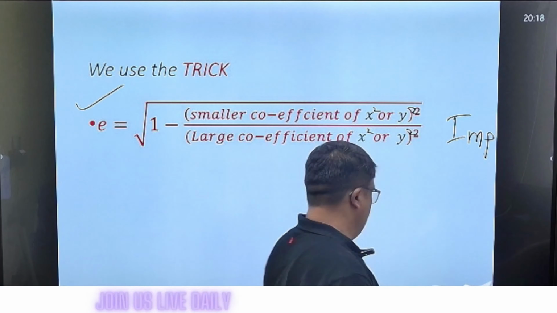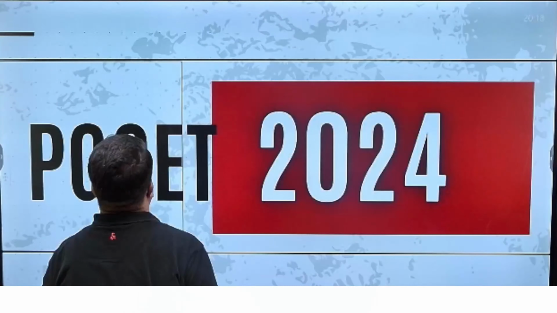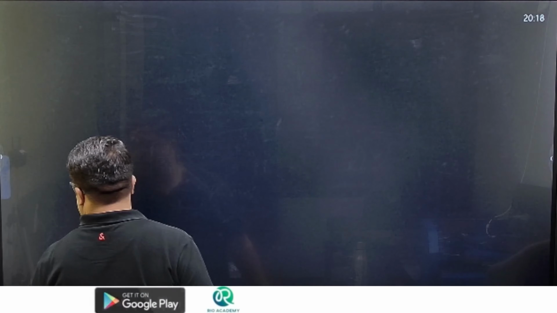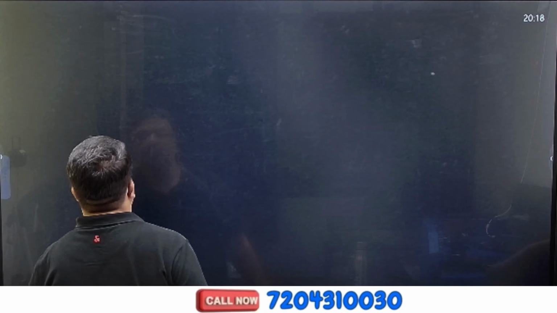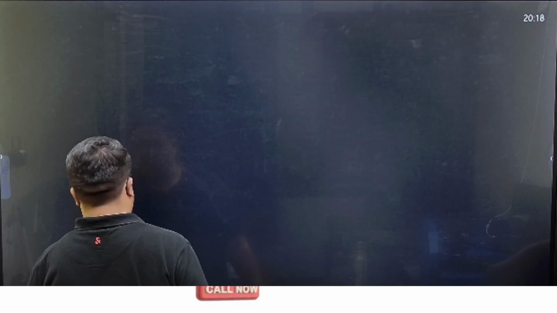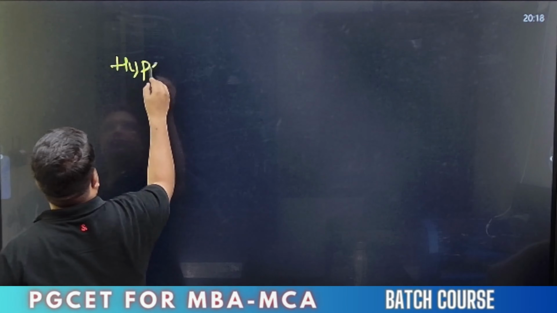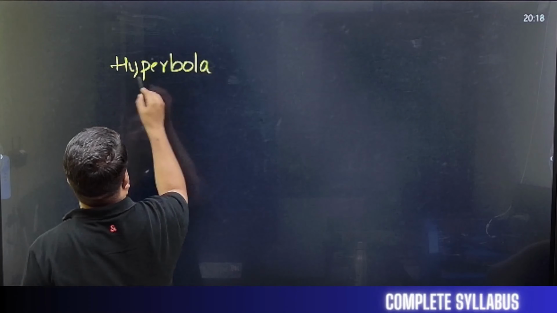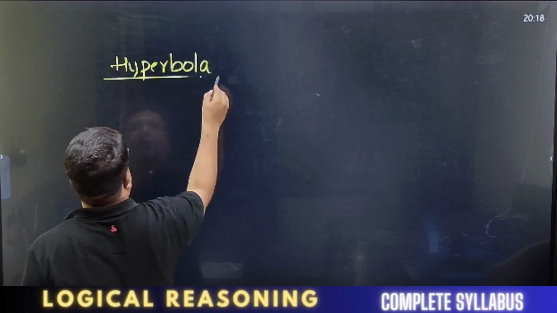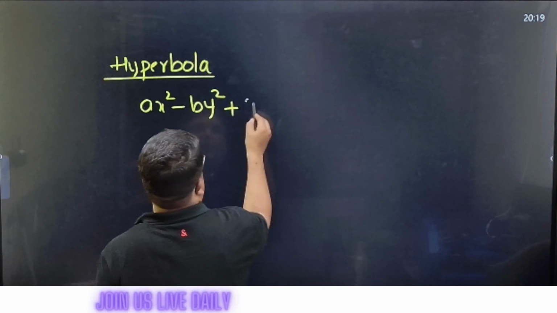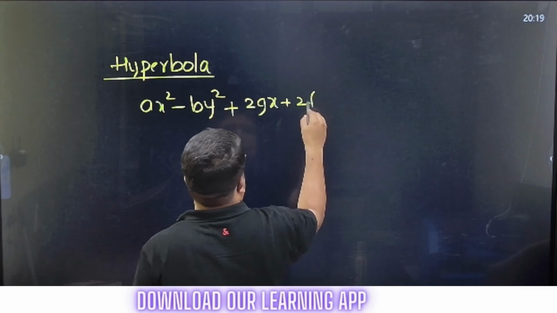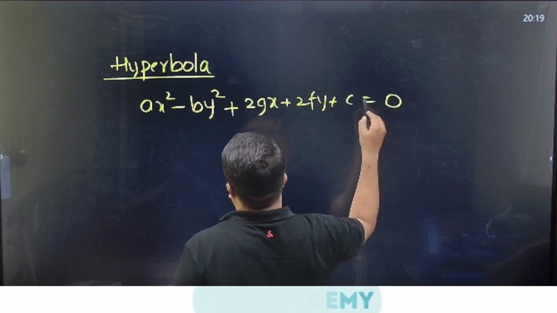hyperbola. So hyperbola, so if I write equation of the form ax square minus by square, 2gx plus 2fy plus c equal to 0.